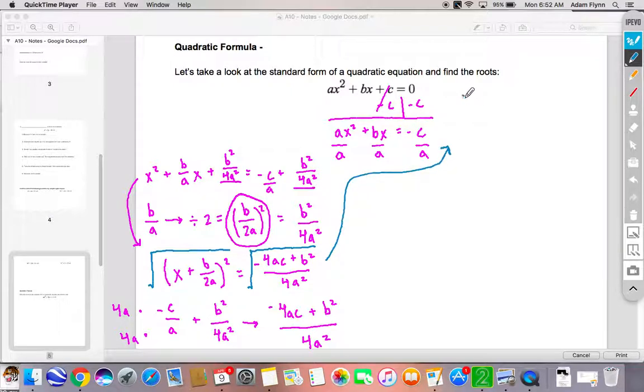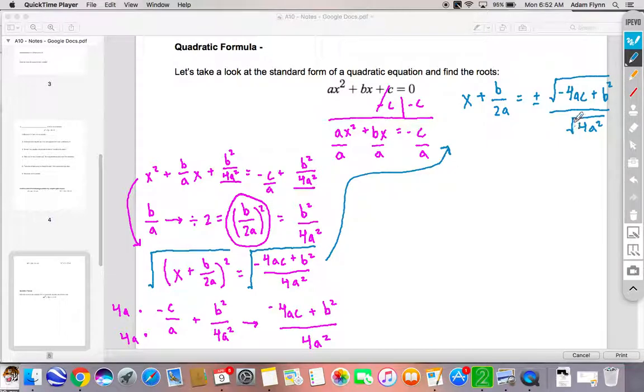So I'm left with x plus b over 2a equals plus or minus the square root of negative 4ac plus b squared all over the square root of 4a squared.